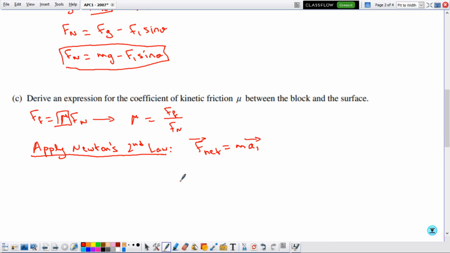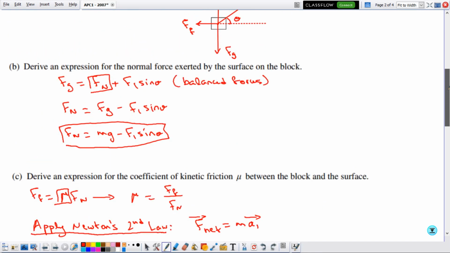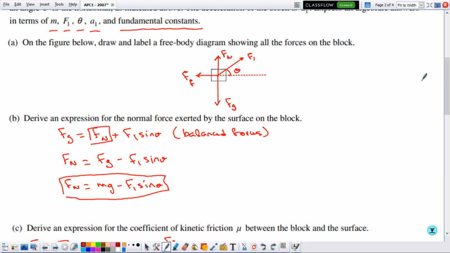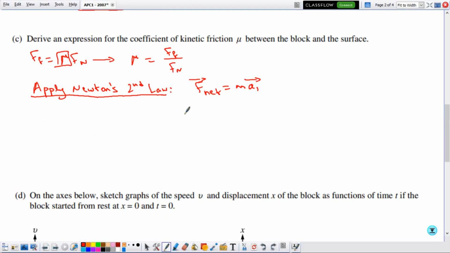And now we're gonna replace the net force by all the forces that are acting on the block, given by these four forces. Then we have the pull of gravity plus the normal push plus the applied force F1 plus the friction force, and this is equal to m a1.